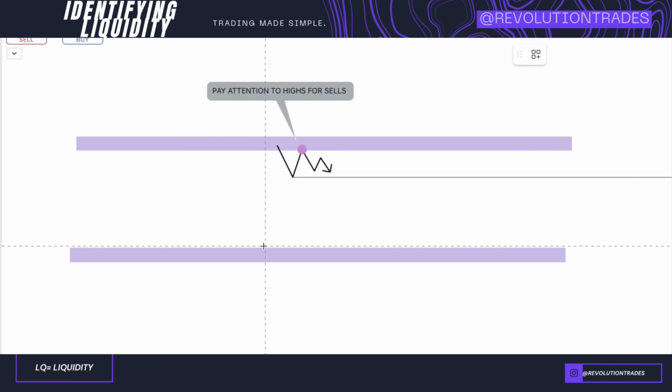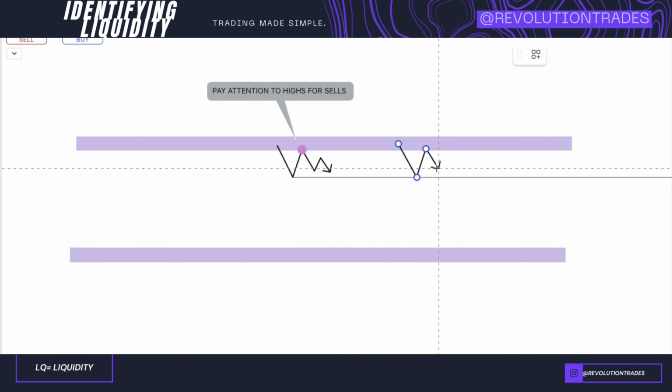Similar to how I drew the buy structure, guys, for sell structure, this high is now considered weak, okay? In the buy example, the low point was weak because it was failing to break a previous high. This high point is weak because it's failing to break a previous low. And because it's failing to break a previous low, what's going to happen is something like this, okay? We're here, tap into this level.